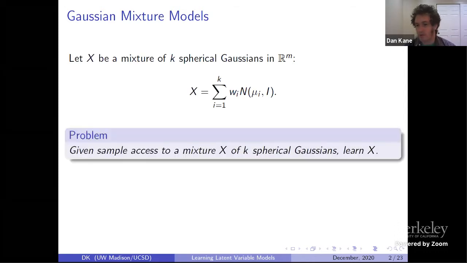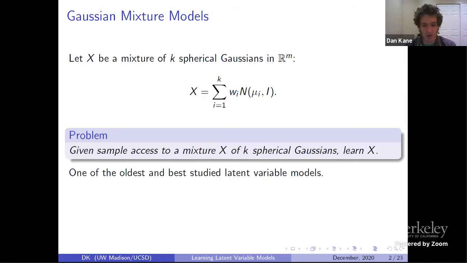And so the problem we're going to look at is given sample access to such a mixture X, we'd like to learn the distribution X. And so Gaussian mixture models are one of the oldest and best studied latent variable models in all of statistics.